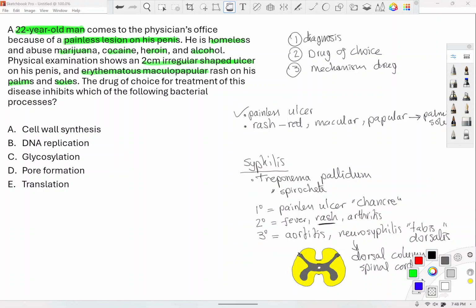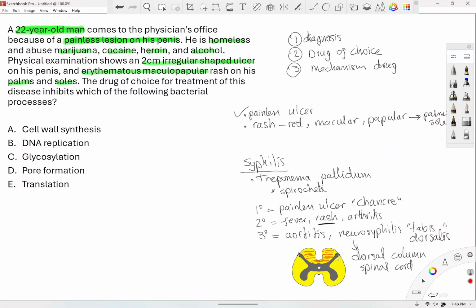Now in syphilis, what is the problem? Let's use red. So the problem is that in syphilis, this area, this is the dorsal column, I'm shading it with red. This is degenerated bilaterally, both sides.